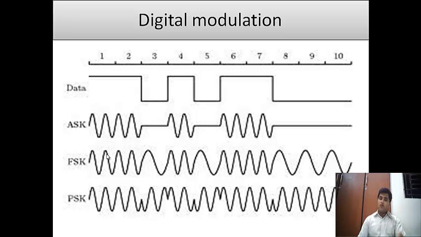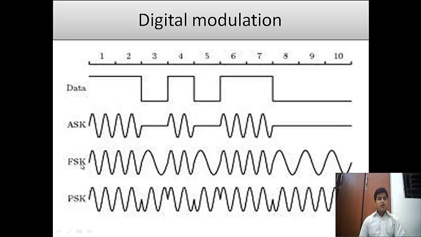We can see that whenever the bit is 1, the carrier signal frequency remains the same, but whenever the bit is 0, in the negative direction, the frequency of the carrier signal is very slow. You can see there, in the positive direction it is in the normal state, but in the negative direction it comes at a very slow speed.